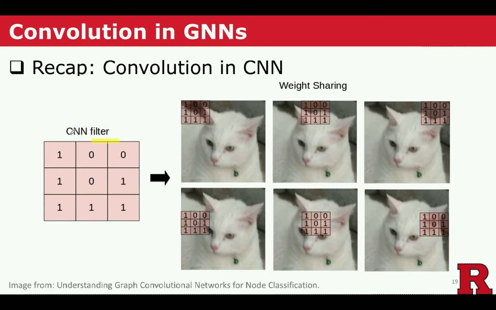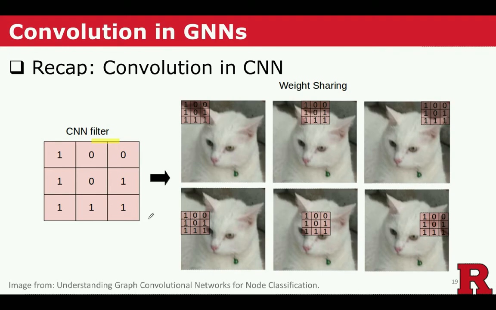Given this filter, the filter will be applied across the image as a sliding window. The numbers in the filter are actually learned by the model. These are the learnable parameters, the weights.